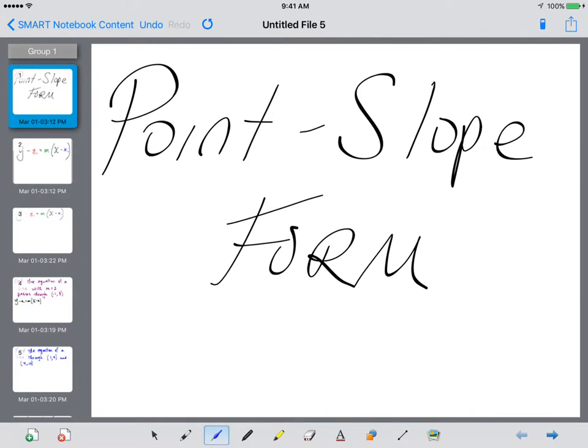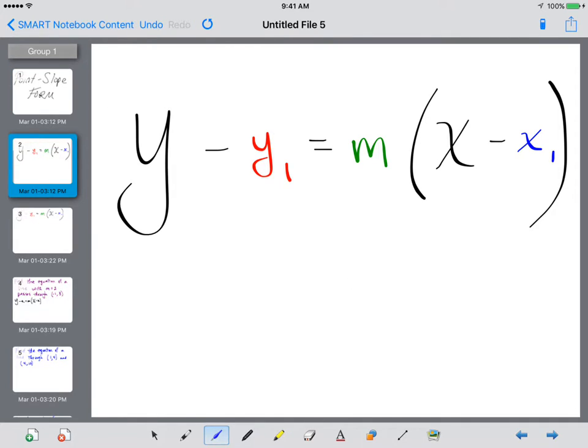In this lesson, we're going to discuss how to write an equation of a line in point-slope form, using point-slope form to write the equation of a line. So with your notes out, this is the formula for point-slope form.